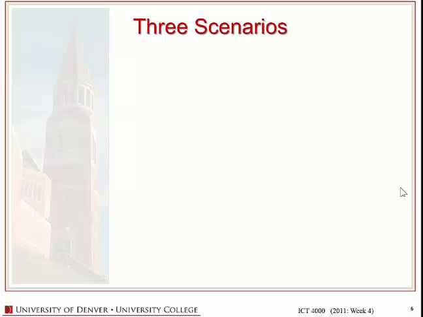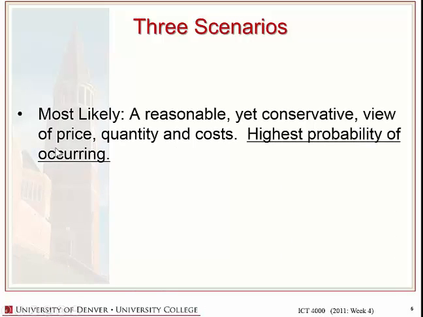So let's start with a discussion of the most likely case. The most likely case is a reasonable yet conservative view of price, quantity, and your costs, and it has the highest probability of occurring, and that should be your starting point. We'll begin with the initial set of assumptions that you started with.